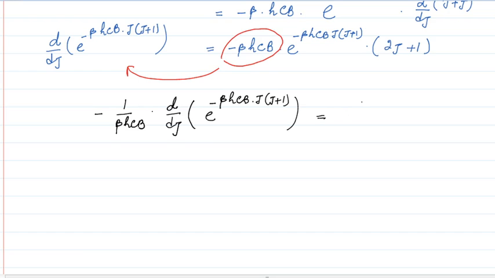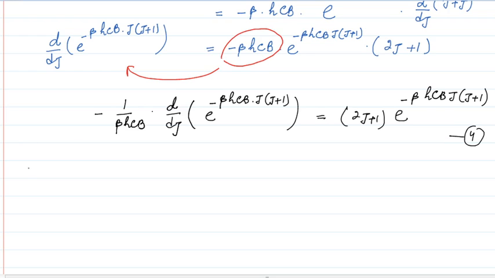So this will be simply equal to the remaining part, which is simply 2j plus 1 into the exponential to the power minus beta hcb j into j plus 1. So this is equation 4.